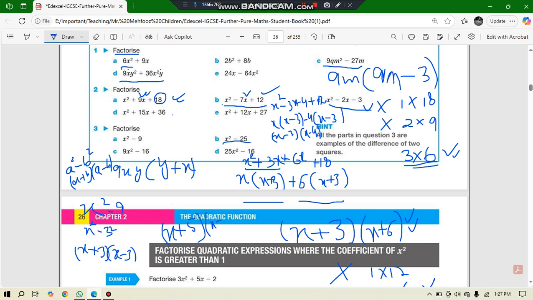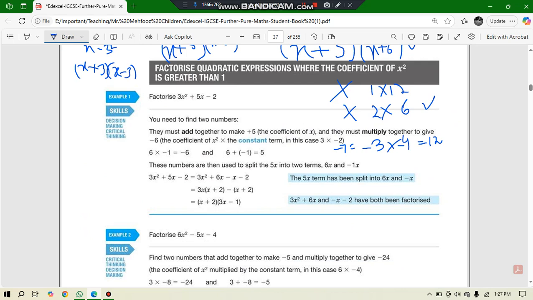Okay, next one is 9x square minus 16. So 9x square can be written as 3x whole square, and 16 can be written as 4 square. So 3x whole square minus 4 square can be written as 3x plus 4 and also 3x minus 4.